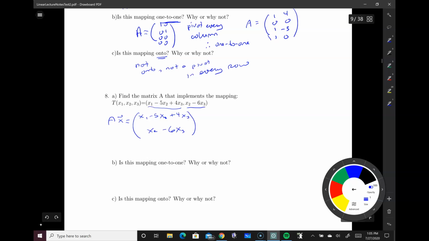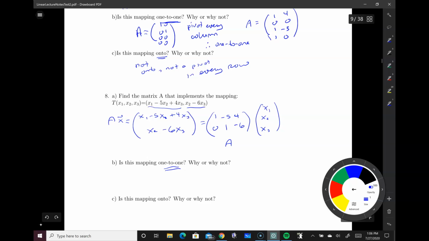All right, so if I want to think about what the matrix has to be, what does A have to be to multiply times x1, x2, x3 to get this? I'm going to have a 1, negative 5, 4, and a 0, 1, negative 6. There's my matrix A.